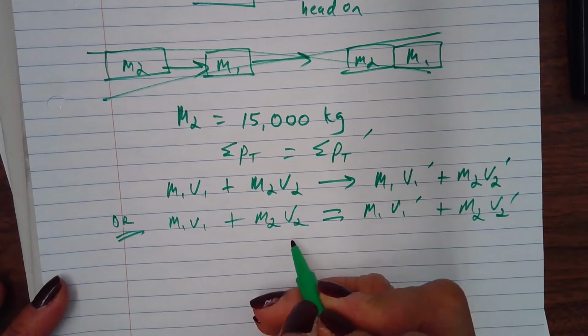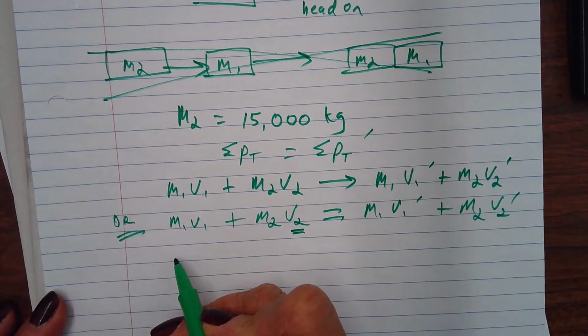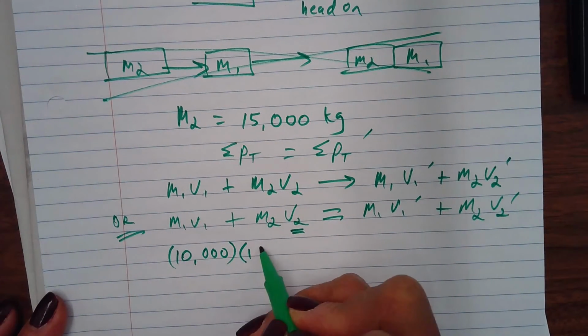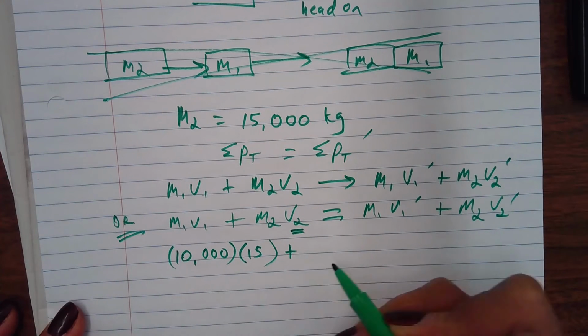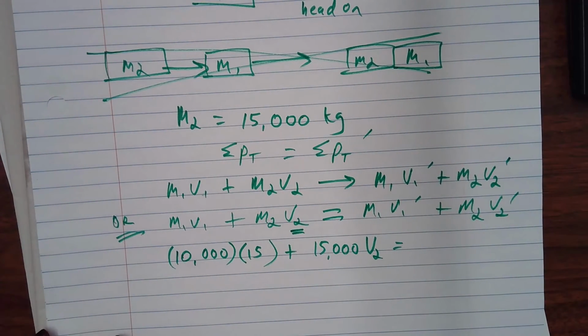The math is easy. Okay, so what's 10,000 times 15? 10 times 15 is 150, so you get 150,000. Now, what do we get? This is equal to negative now, isn't it? Negative 15,000 V2.